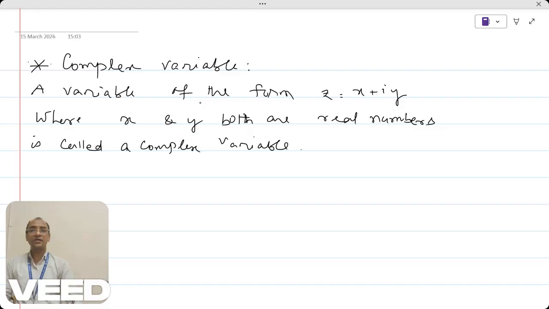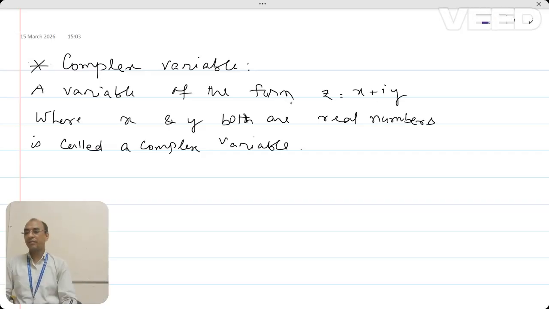So if I say that x and y are two real numbers, and if I write z equal to x plus iota into y, then the total thing is called complex number or complex variable.